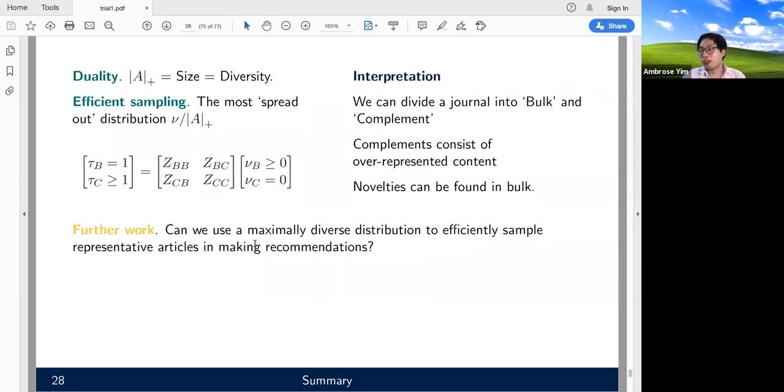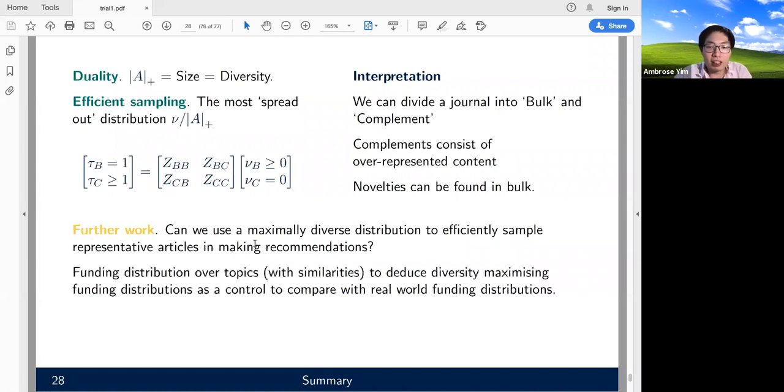So you want to sample that set in a way that is maximally diverse, that is the most spread out, that covers the most ground. You don't want to suggest two articles that are really quite similar to each other. So this is some area that we want to put some thought behind.